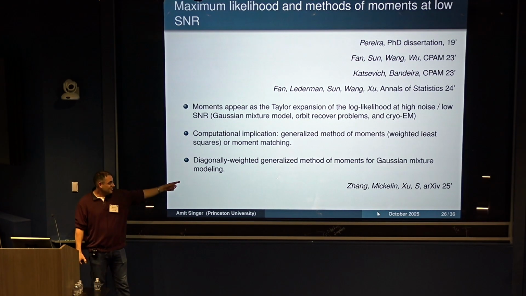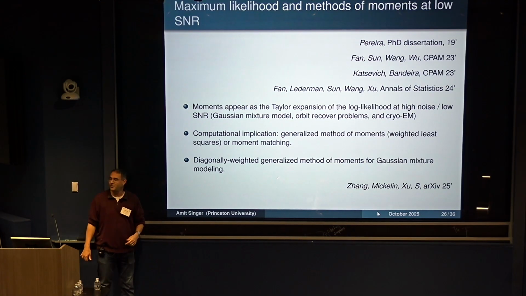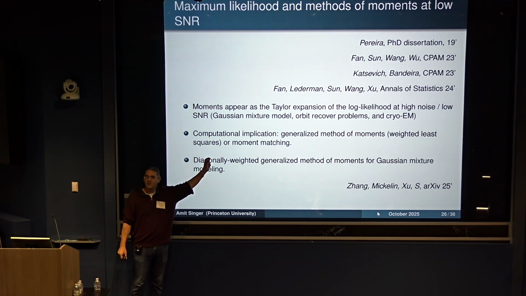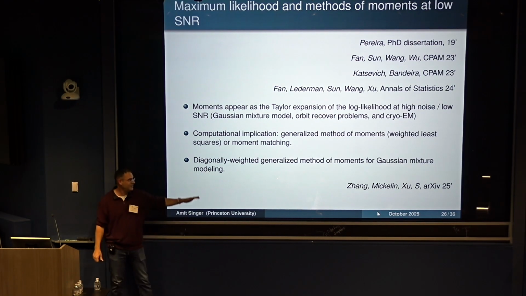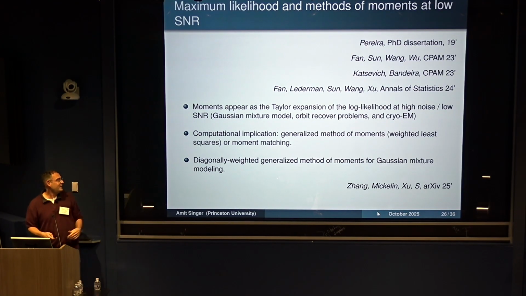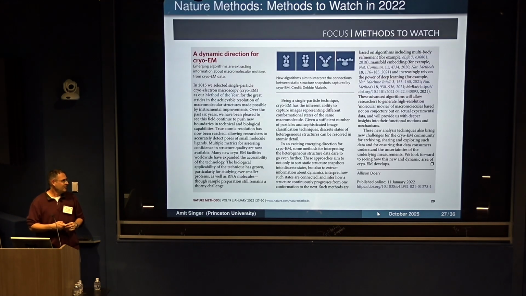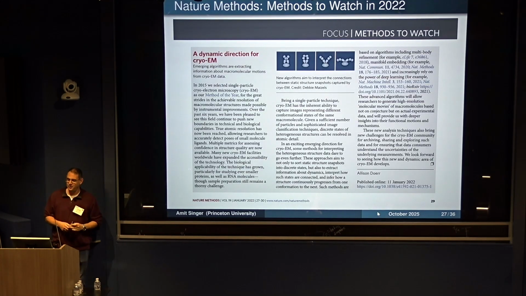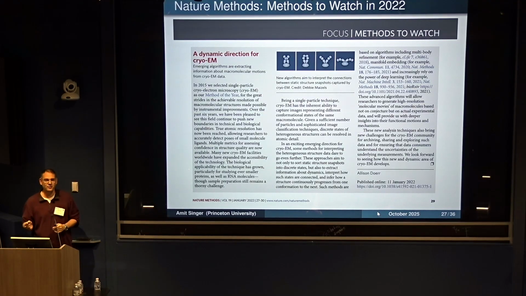But we used the method of moments for this problem, now taking into account this small parameter and doing it in a smart way, and it seems to be working even better than EM, and even correcting some of the other issues with the method of moments that people notice in econometrics and other literature.